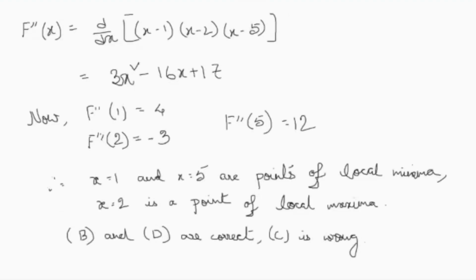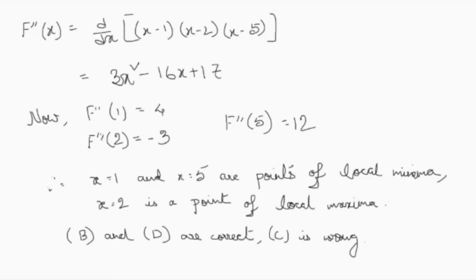So next we go on to obtain F''(x). F''(x) is just d/dx of small f(x). You can use either of two methods here, going for the product rule of differentiation, or you can just obtain the polynomial (x minus 1)(x minus 2)(x minus 5), which was what I did, and then just differentiate.